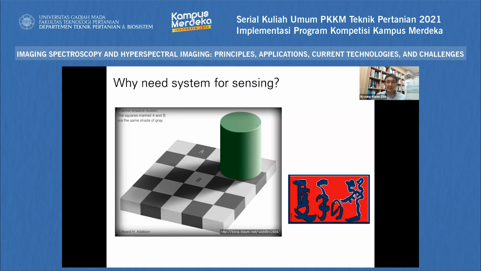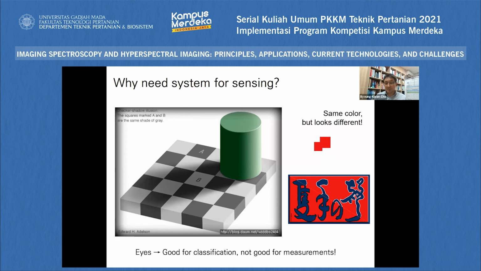Let's think about the right-hand side figures. There is a red background, so upside red and downside red. Do you think the color is the same or different? It looks different, but let's compare. The upside red and downside red are exactly the same, but they look different.